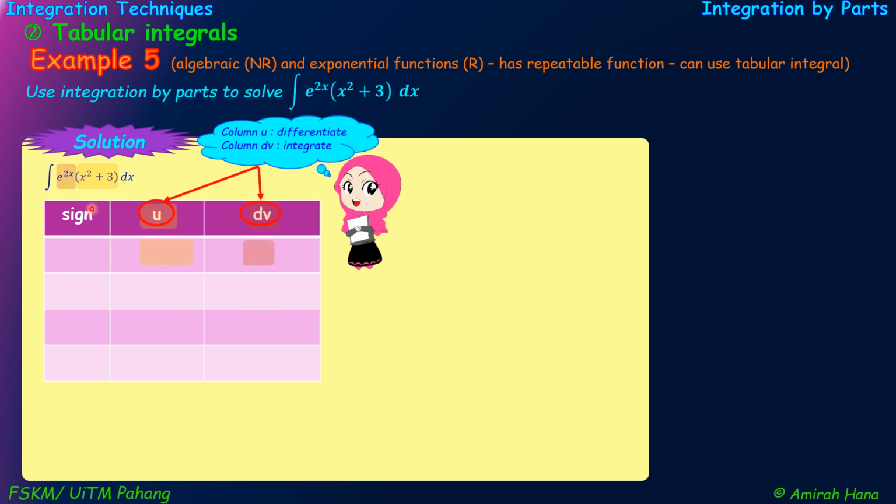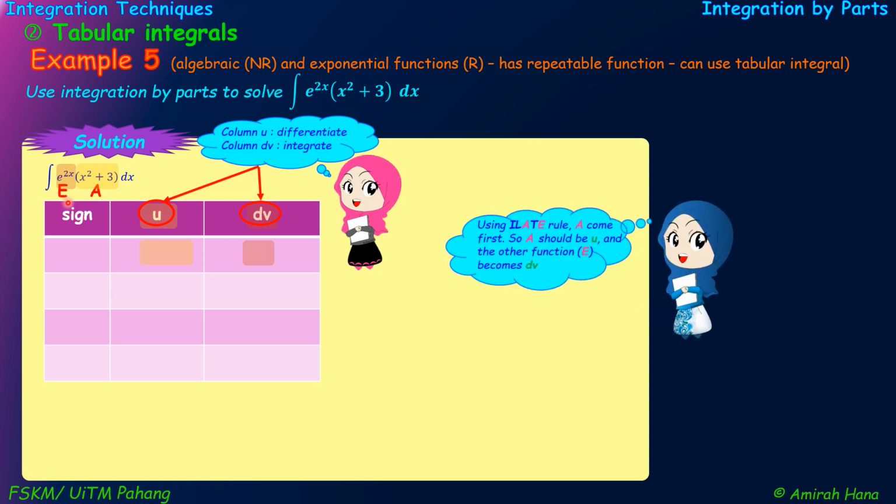When we start to use integration by parts, we need to identify which function is u and which function is dv. In this case, x squared plus 3 is A, which means algebraic function, and e to the power of 2x is E, which means exponential function.